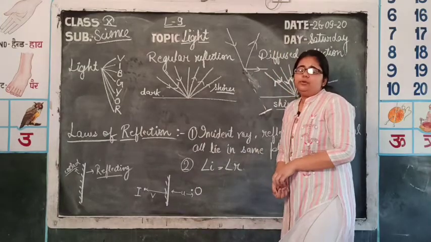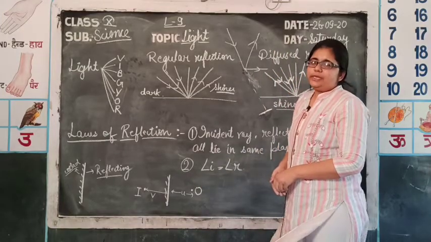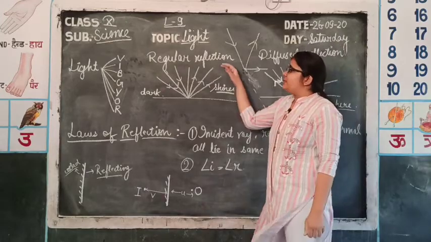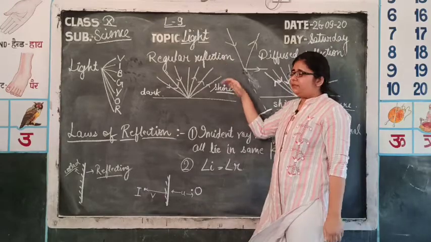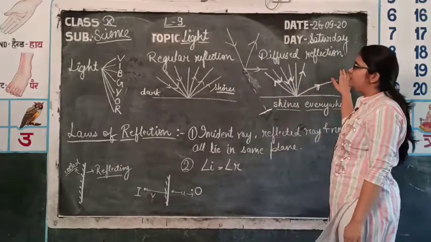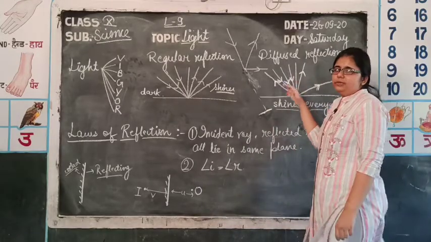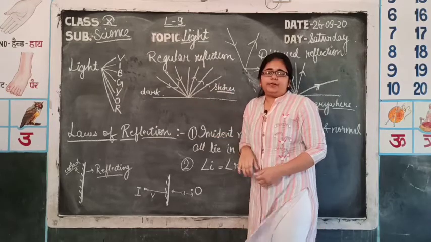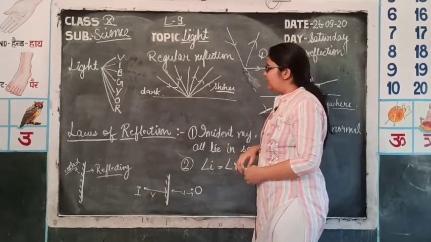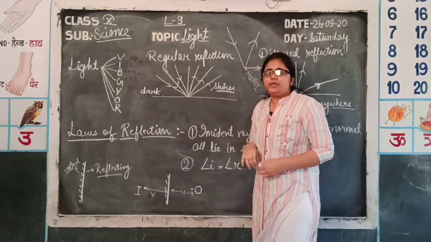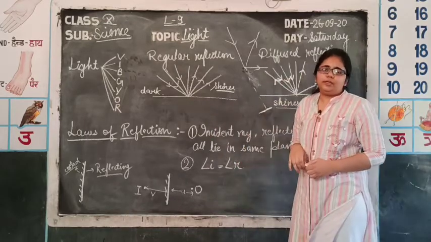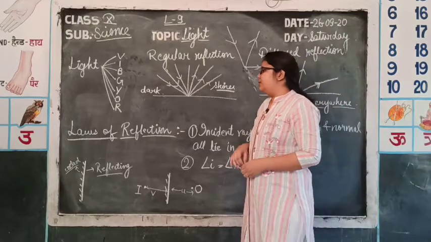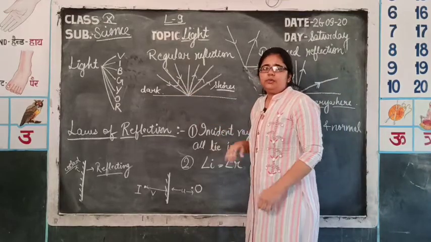There are two types of reflection based on the surface on which light strikes. First, regular reflection. Second, diffused reflection. Regular reflection is the incidence of light on a smooth surface. Then it reflects in a particular direction by following the laws of reflection, which we will discuss later.